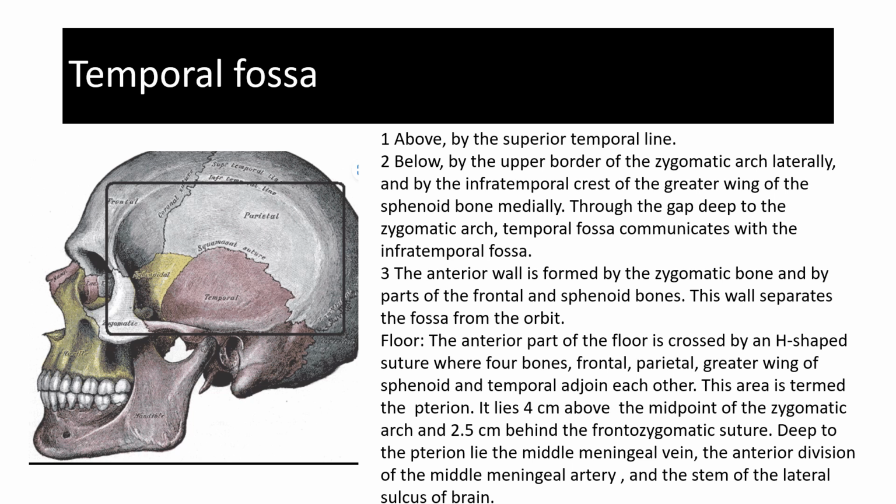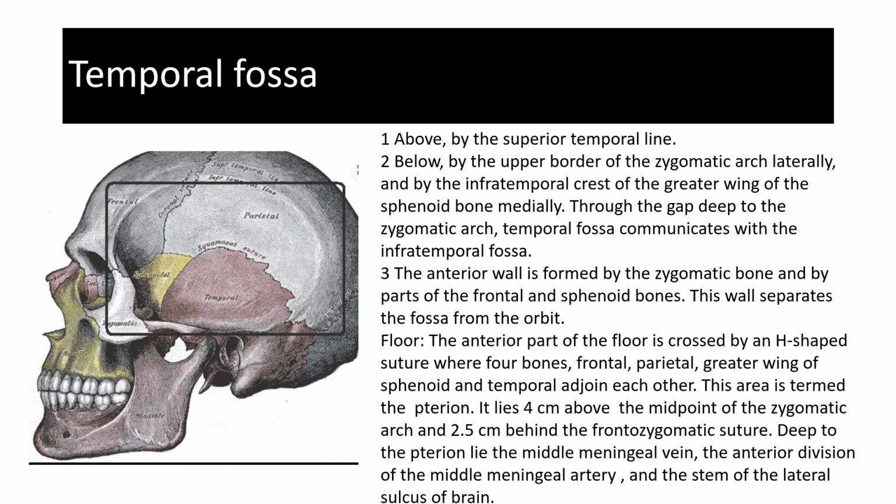From above, the temporal fossa is bounded by the superior temporal line, and below by the upper border of the zygomatic arch, the horizontal bar that we have studied before. It is bounded laterally by the zygomatic arch and medially by the infratemporal crest of the greater wing of the sphenoid bone, and through the gap deep to the zygomatic arch, the temporal fossa communicates with the infratemporal fossa.